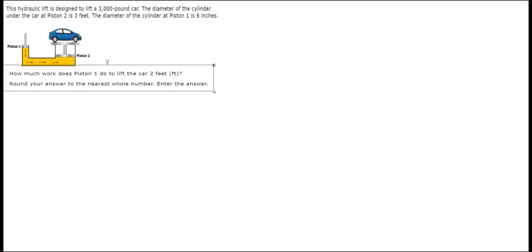Okay, next problem. How much work does piston 1 do to lift the car 2 feet?